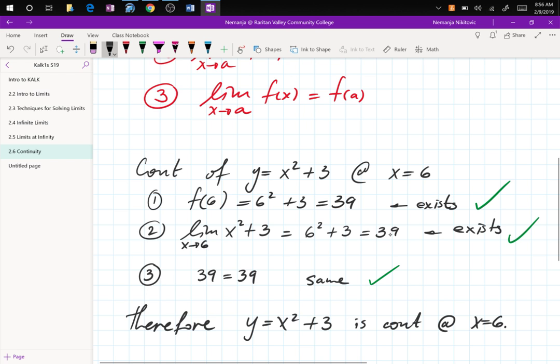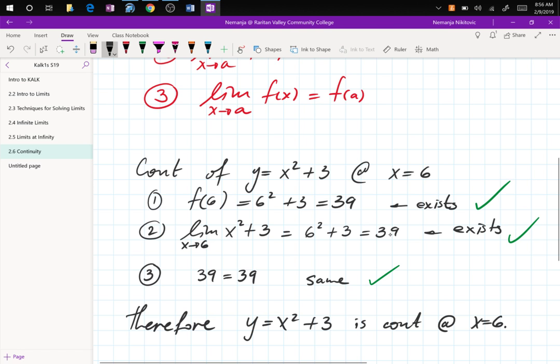We don't know about x equals 2. We only know about x equals 6 because that's the calculation we did. So this is continuity at a point, and you have to run these 3 calculations in order to show that the function is continuous at that point.